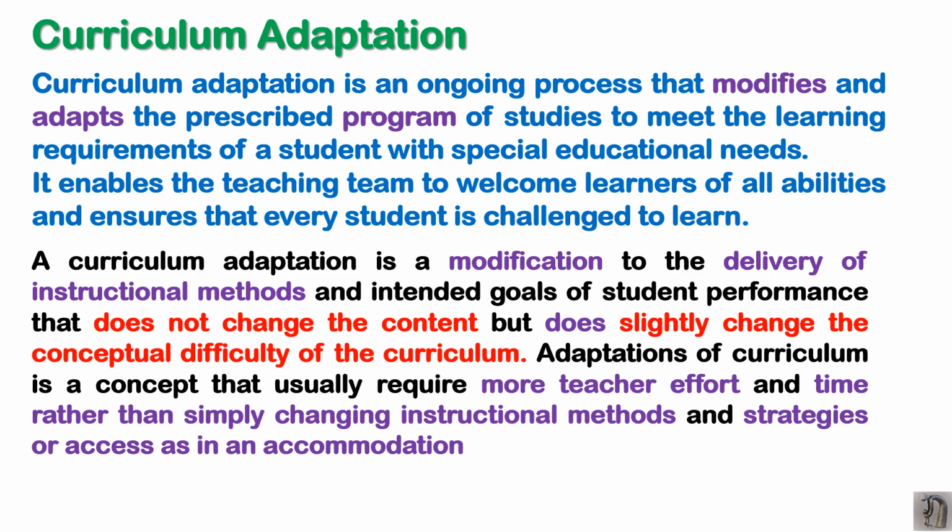For example, if it is a double digit addition, you need to bring your double digit addition down into a simpler way. Let us say 12 plus 12 might be very simple rather than 89 plus 89. So you're going to reduce the complexity level of the content in curriculum adaptation. The content will be the same, double digit addition, but you're going to change the conceptual difficulty of the curriculum.